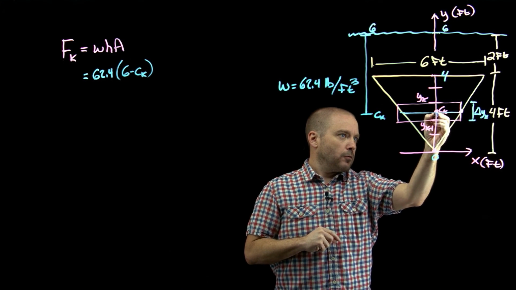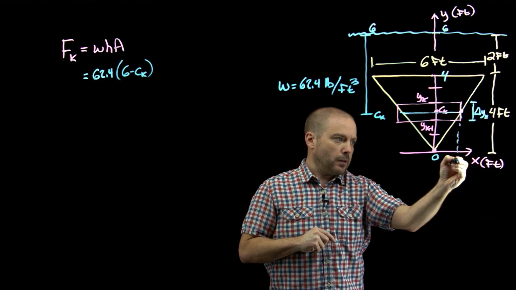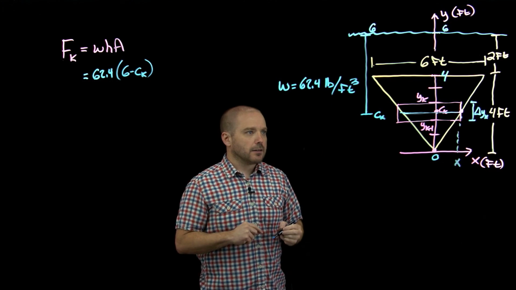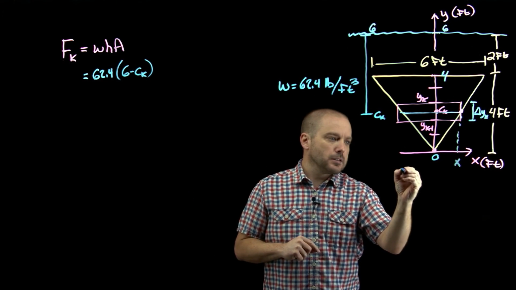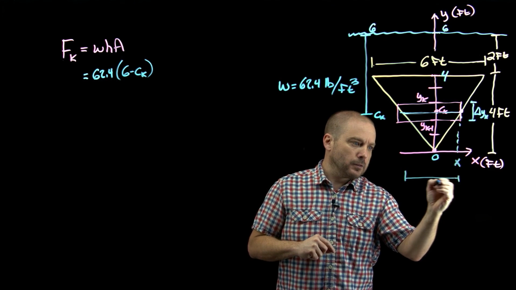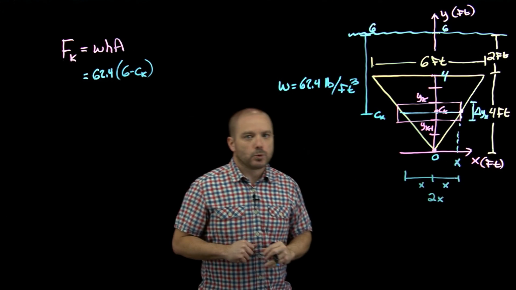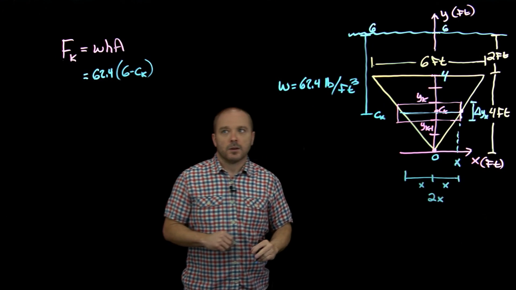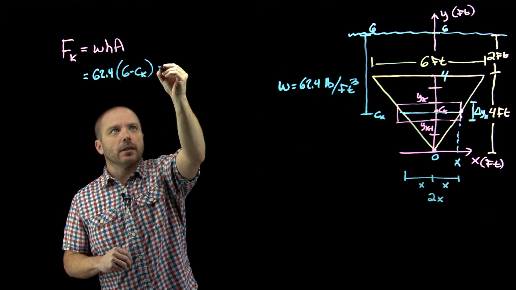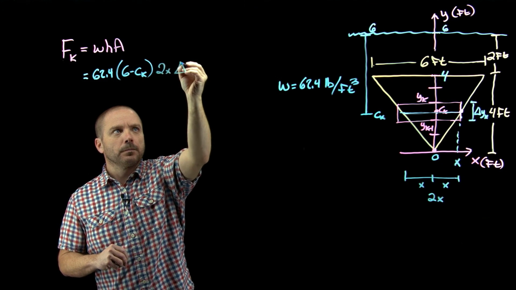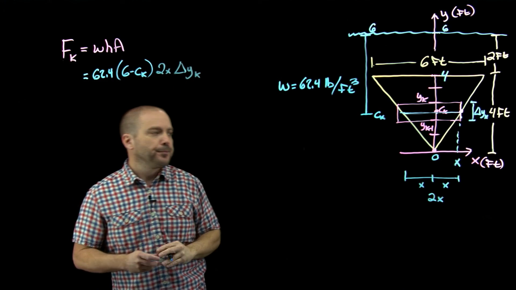This, from the axis out to this point, would just be x. All right, so this distance all the way across our rectangle involves an x and an x, or 2x. All right, so we know that the area there is 2x delta y sub k.